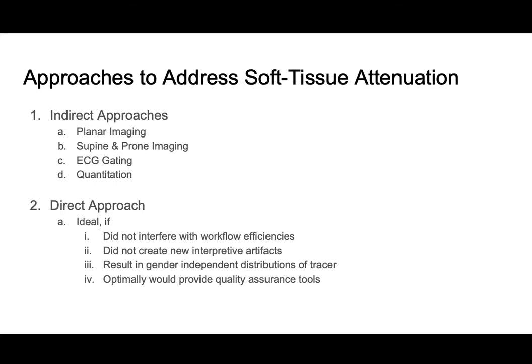These types of limitations led to devising algorithms that directly approach the problem. It is considered ideal if this approach does not interfere with workflow efficiencies, and it also should not create any additional artifacts.